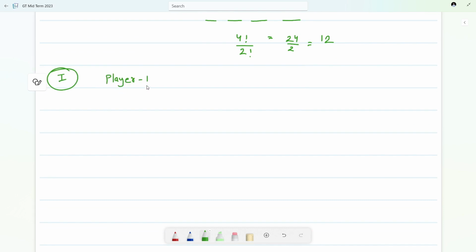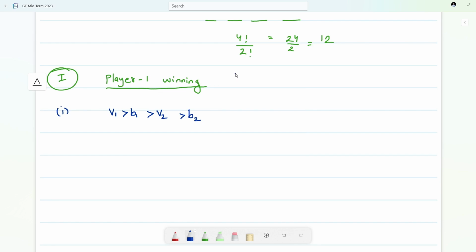Just to make you understand, I am writing player 1 winning so that it is easier for me to make the cases, right? So the first case is V1 greater than B1 greater than V2 greater than B2.